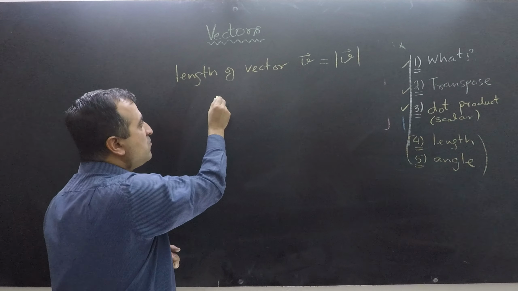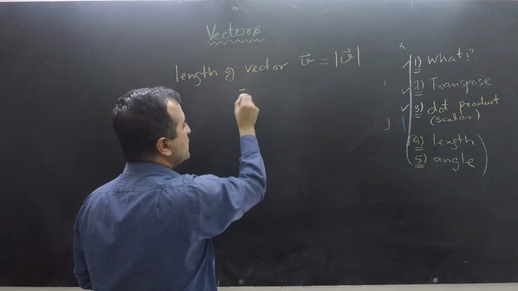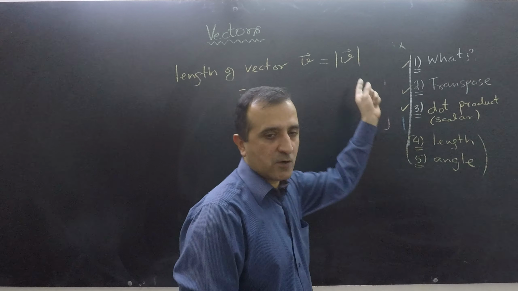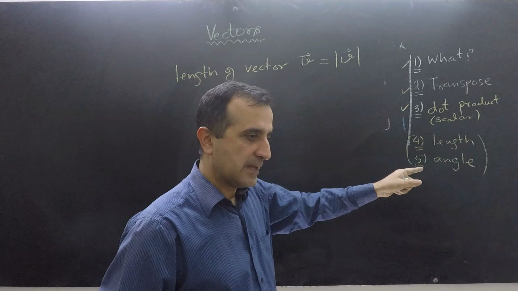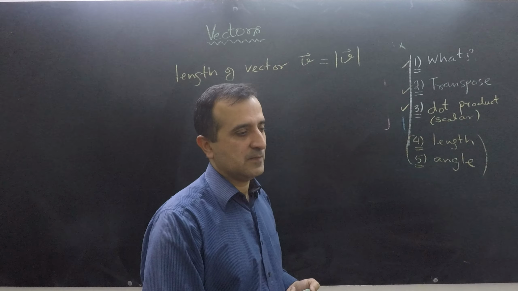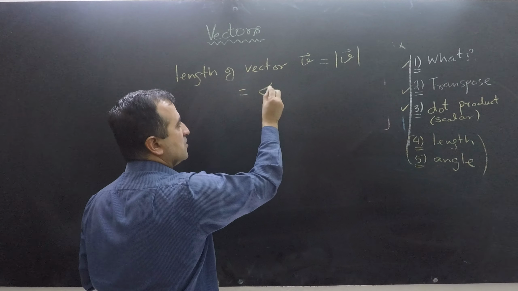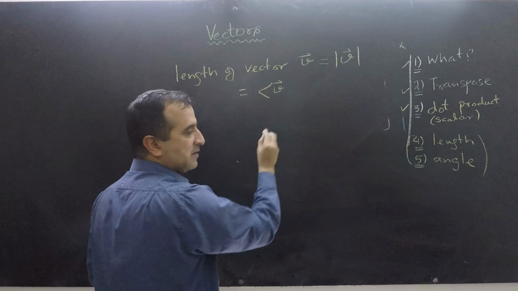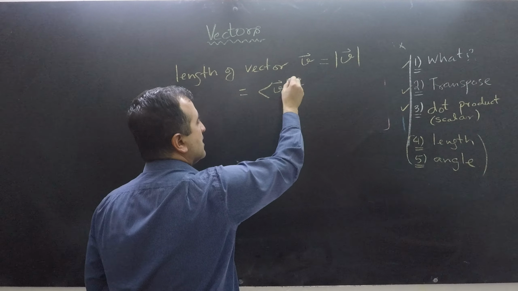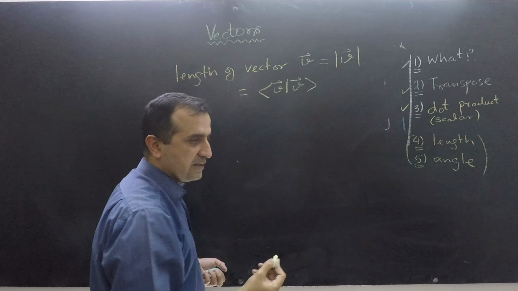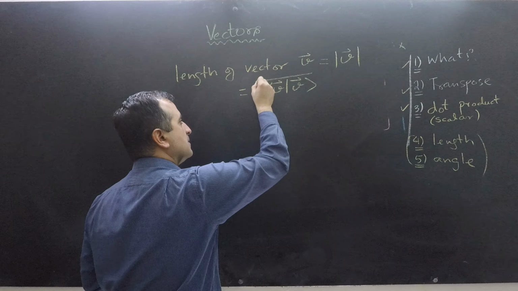The formula for the length of vector v is that you find the dot product of v with v and take the square root of the answer. So you take the dot product of v with v and then take the square root.